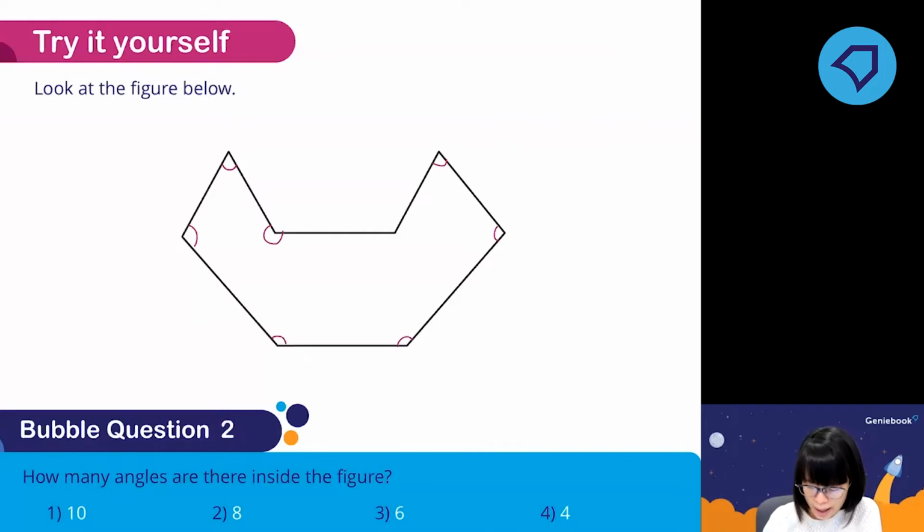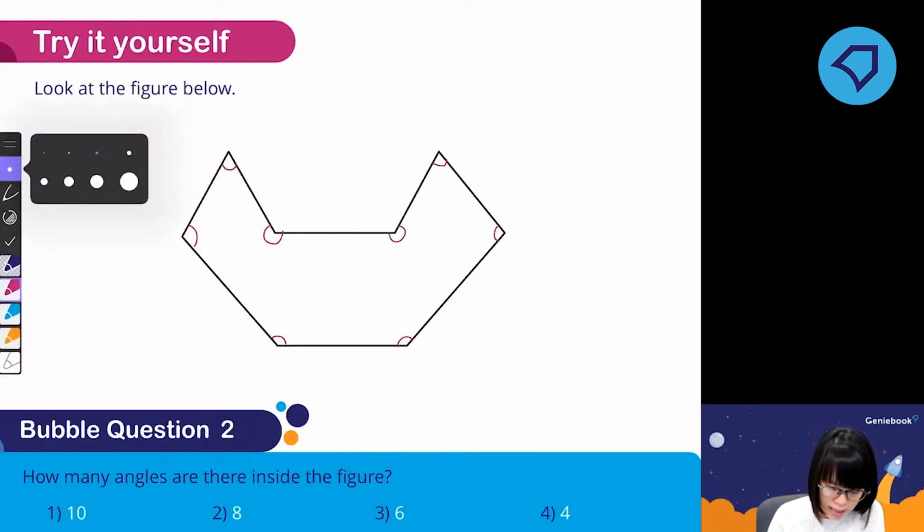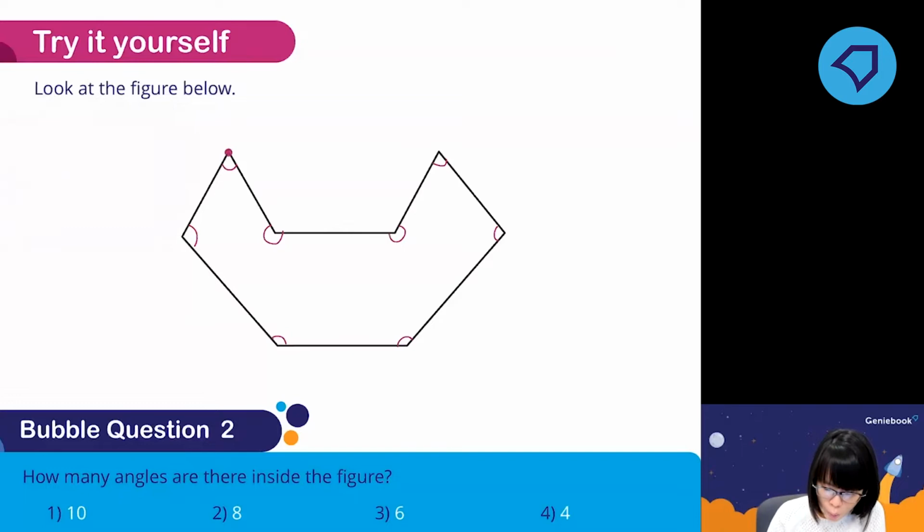This is also a straight line and they meet at a point. And then of course we have another one over here. So all together, we're going to count 1, 2, 3, 4, 5, 6, 7, 8. So all together I actually have 8 angles and 8 points.